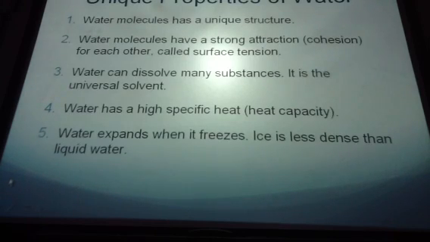Specific heat is sometimes also referred to as heat capacity, the idea of how much heat it can absorb. 5. Water expands when it freezes, which means that ice is less dense than liquid water, and that's why water can float on the top of a pond or in a glass.